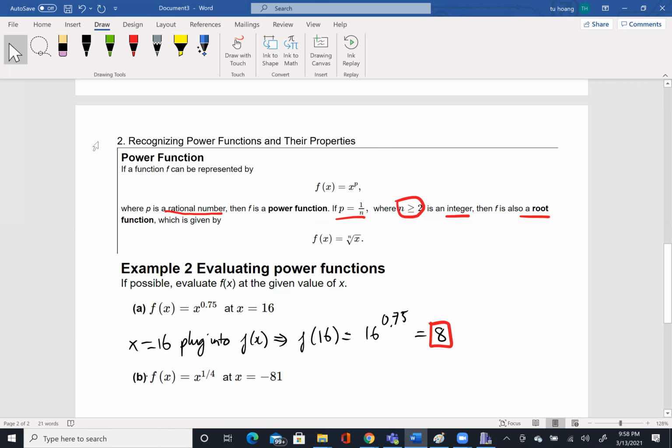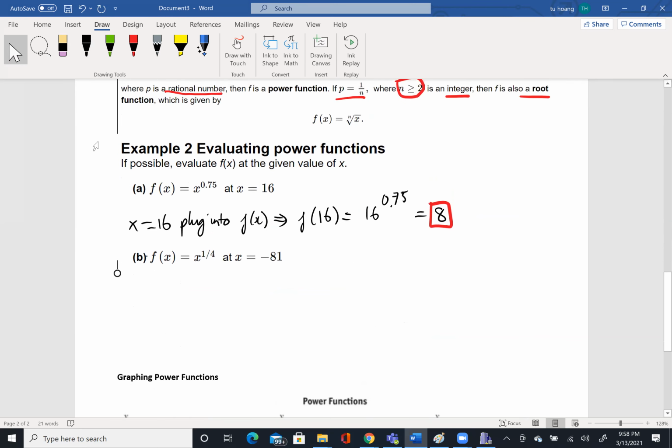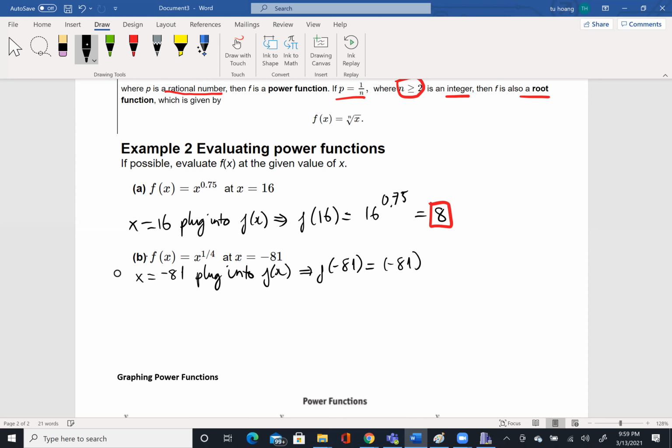So column B, I'm also gonna plug x equal to negative 81 into f of x. So we have f of negative 81 will be negative 81 to power 1/4.